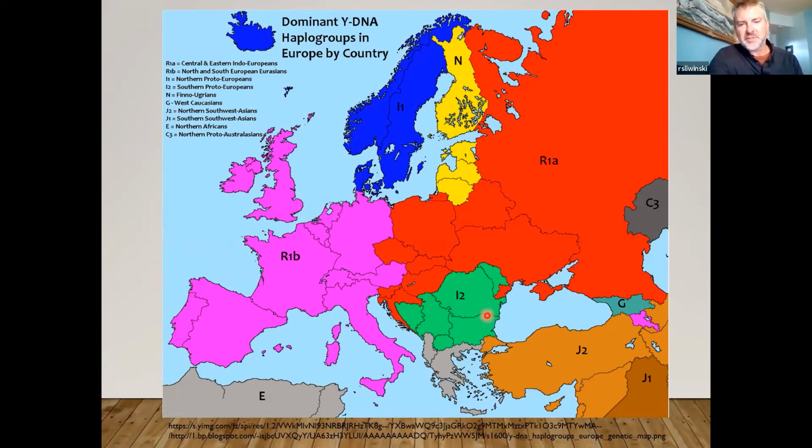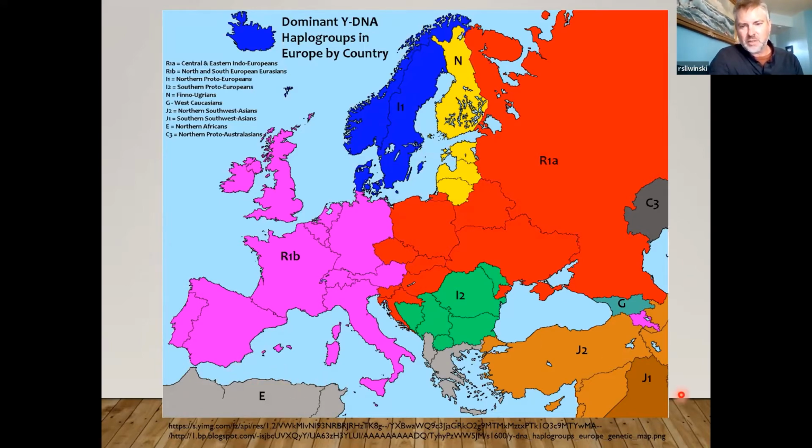I2 is in Southern Europe, whereas I1, the Nordic or Viking type of genetic groups, are in the Nordic areas. There's an N group in Finland and Lithuania as well. E is focused in Africa.